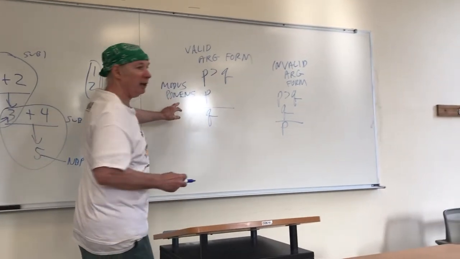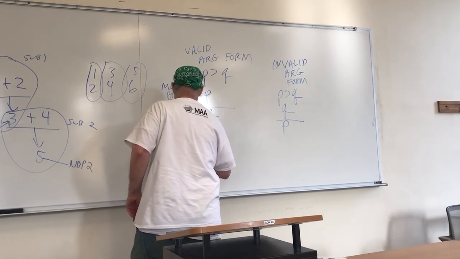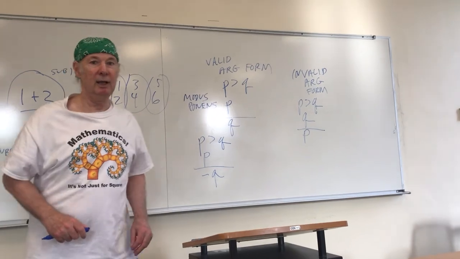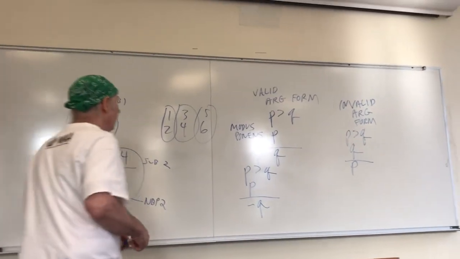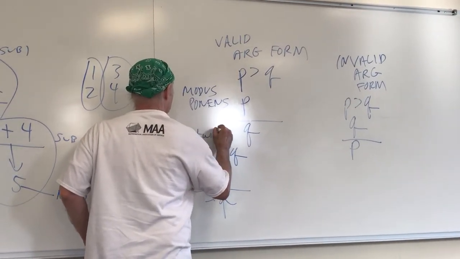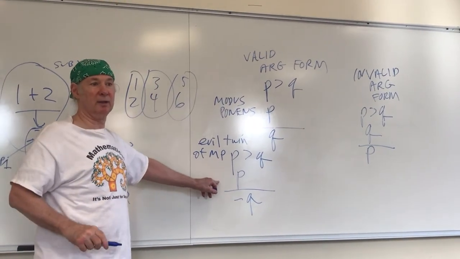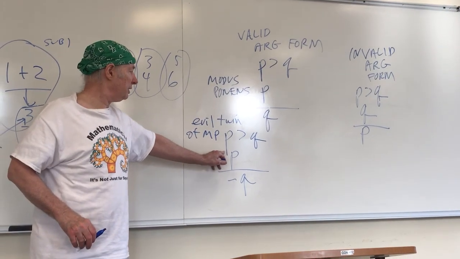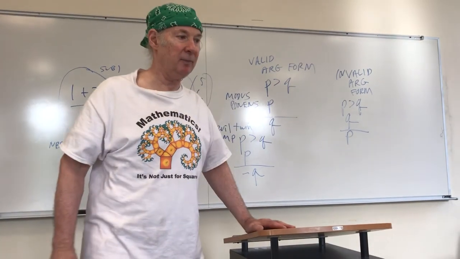So the evil twin of modus ponens is P implies Q, P, therefore not Q. And every argument that I get by substituting sentences for P and Q is invalid.